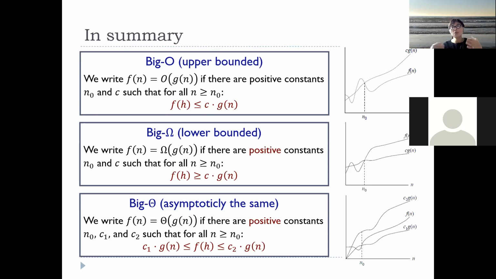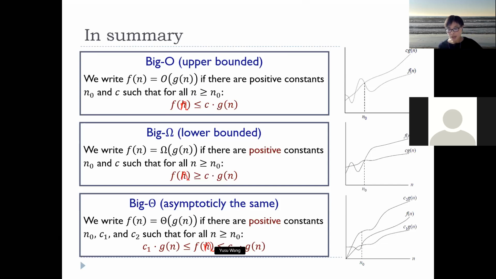So this is a way to compare functions. When you compare them, intuitively, you want to ignore the constant factors. You also want to ignore lower order terms. I'm sorry, in all of this here, it should be n instead of h. I'll correct the slide later.